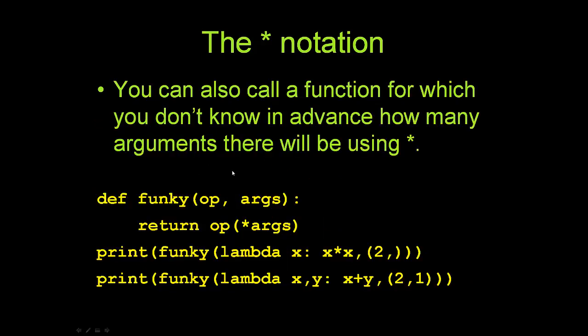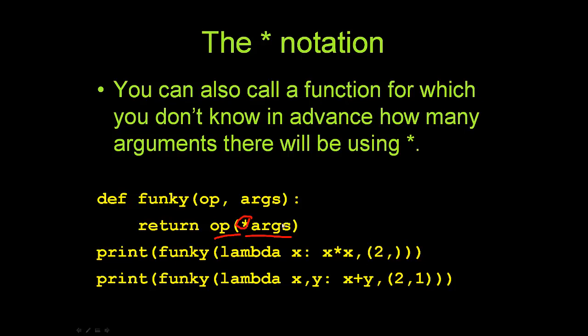Now, let's take a look at how this works. If you call op with star args, that means it will map whatever number of args onto the function. So let's take a look. Suppose we do funky op, with lambda x squared and 2.